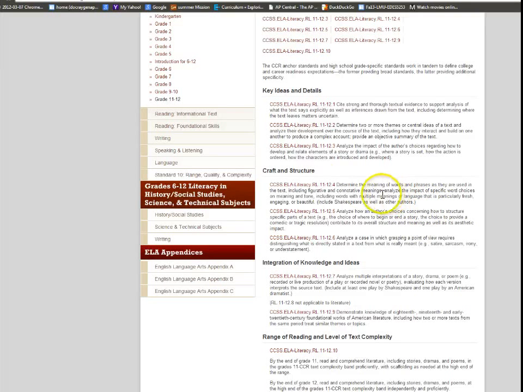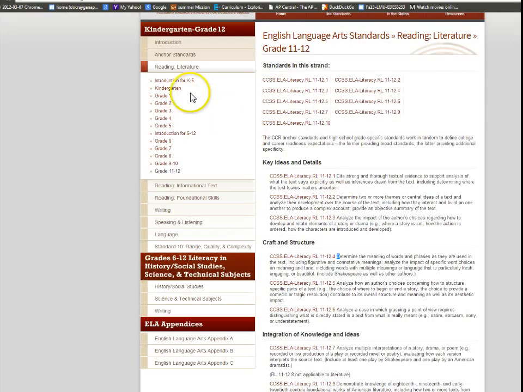So you see, under craft and structure, standard 4, whether you're in first grade or kindergarten, all the way through 12th grade, is about vocabulary and word meaning. So it's consistent.